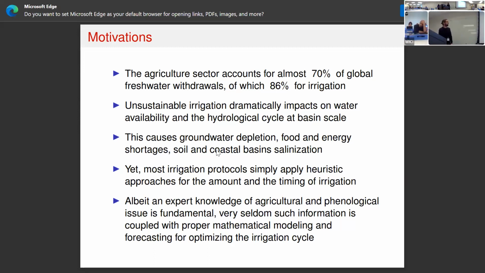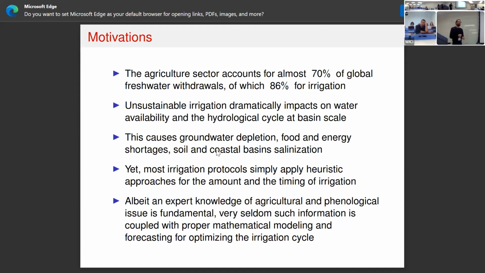Yet, when we think about irrigation protocols that are applied, they're based on heuristic approaches that determine the right timing and amount of irrigation. And I mean, that's quite natural, right? Because it's not something new. We've been using irrigation for thousands of years.